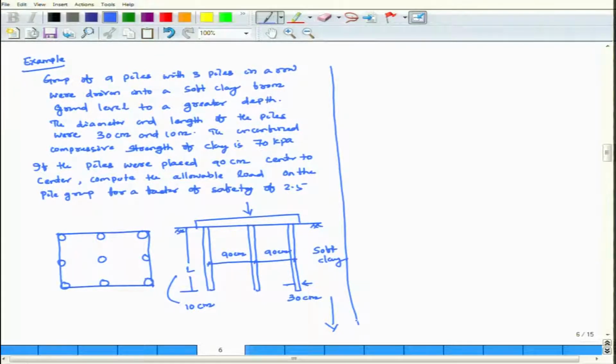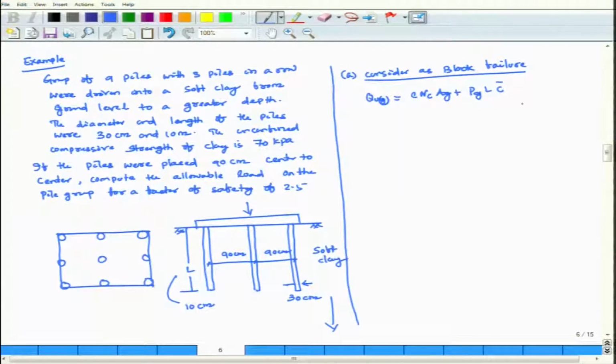Let us start with part A. First consider block failure. If you consider block failure, QG, the group capacity, is equal to Cu Nc AG plus PG L c prime.